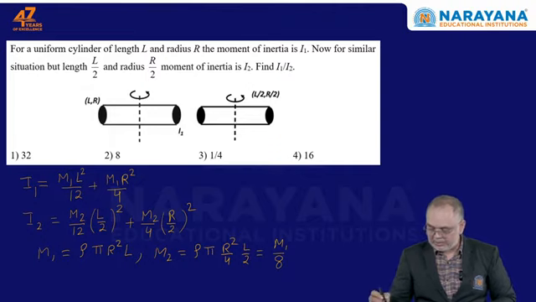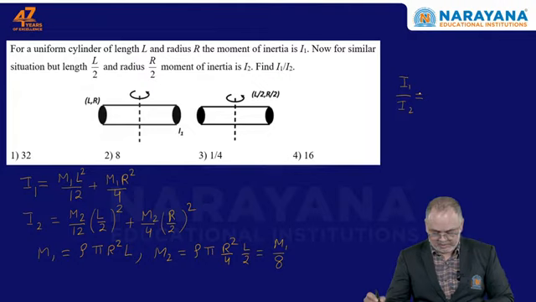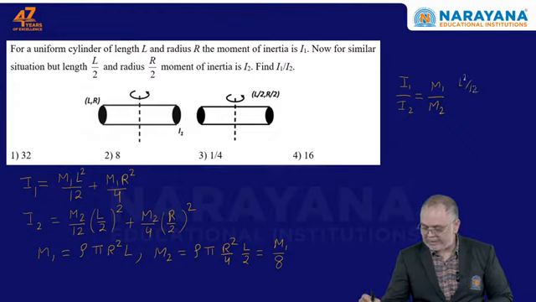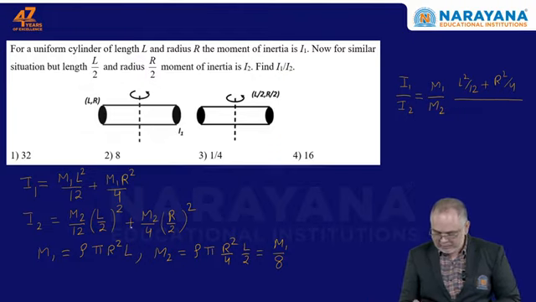Now we can divide these two. So I1 by I2 will be equal to m1 by m2, into L square by 12 plus R square by 4, divided by, now here 1 by 4 will be common, L by 2 whole square, R by 2 whole square.